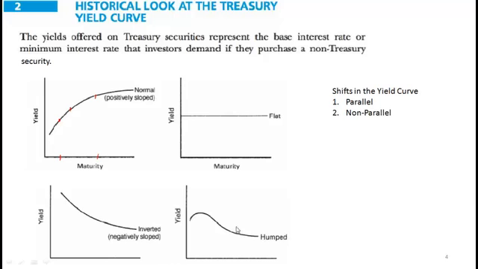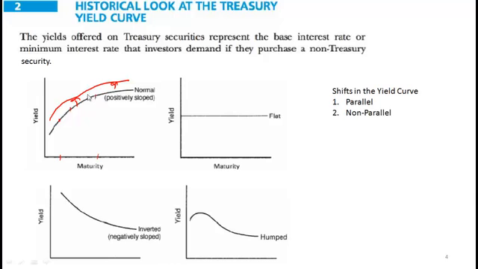Okay, now in this segment we are going to get a little deeper into the shifts in the yield curve. What do we mean by a shift? For example, this yield curve might shift upwards. If all the yields, the short-term, medium-term and long-term yields, are all increasing by, say, 50 basis points, that's called a parallel shift in the yield curve.